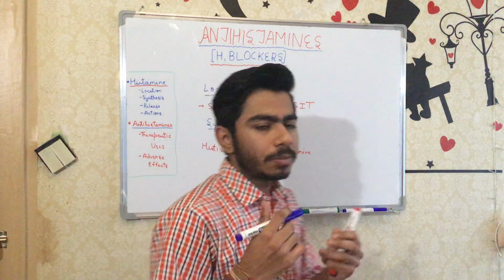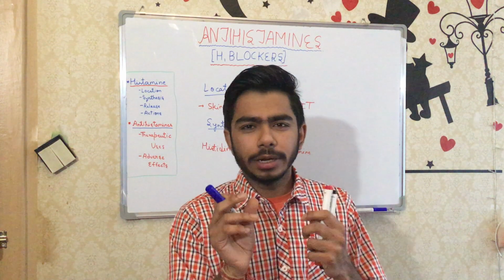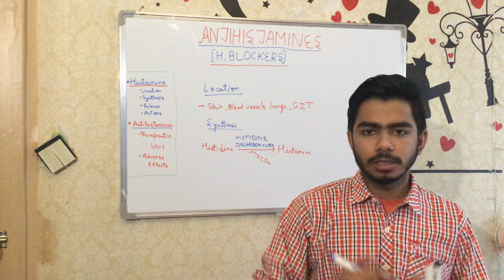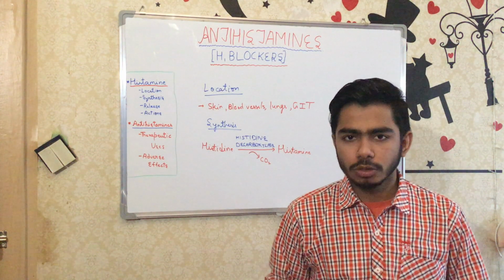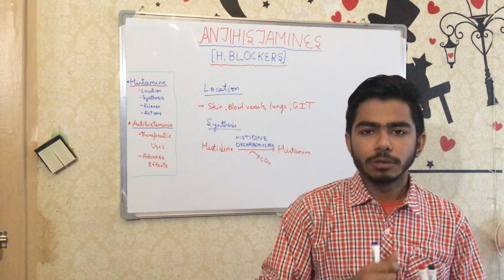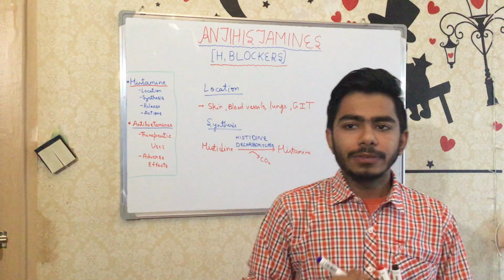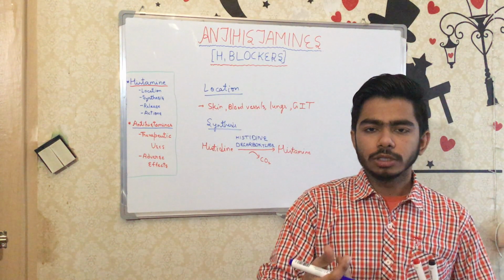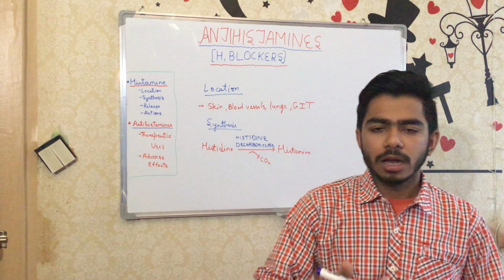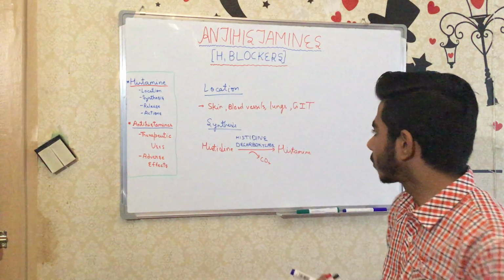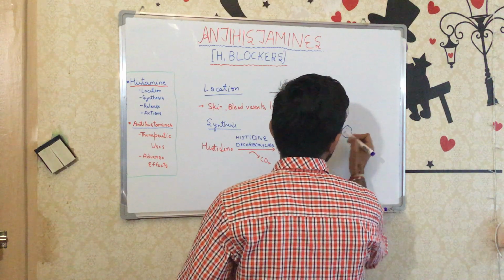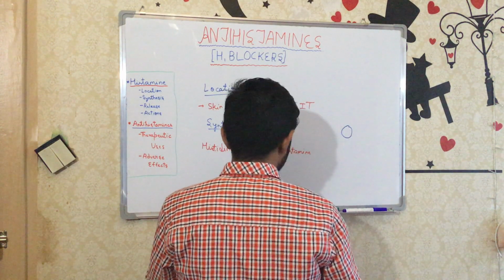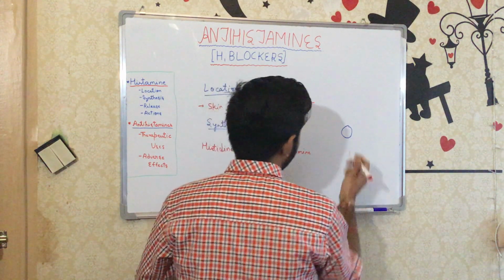Now, histamines are stored in granules in the mast cells. As I already mentioned, they are mainly found in mast cells and also basophils. For example, this is the mast cell here, and these are the histamines present in the granules.